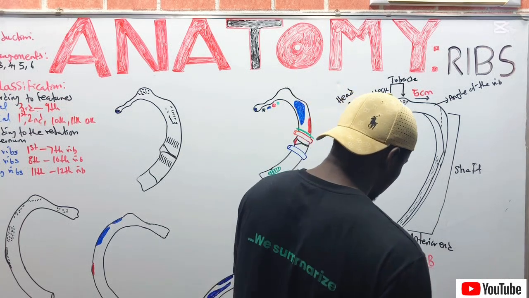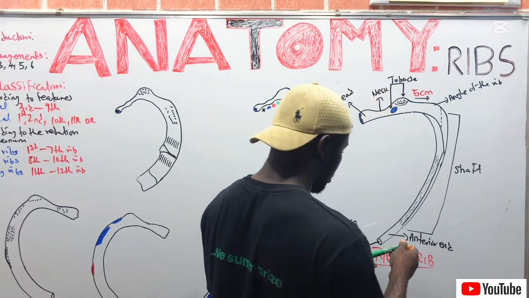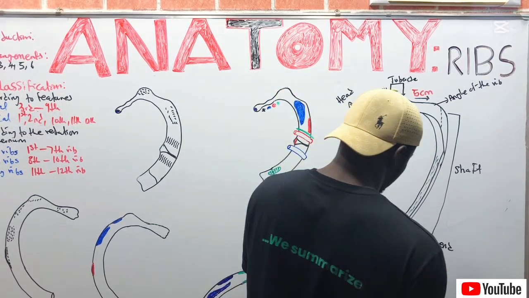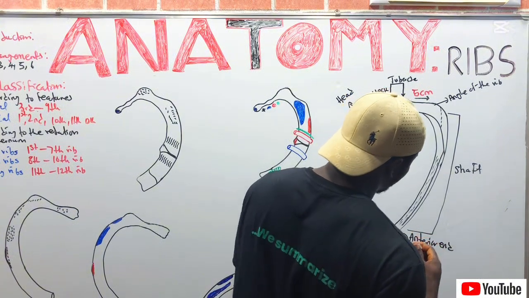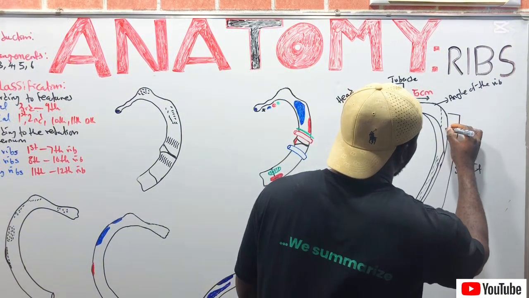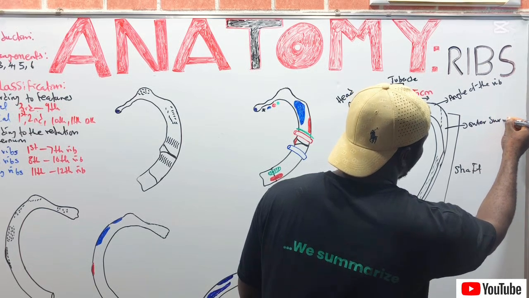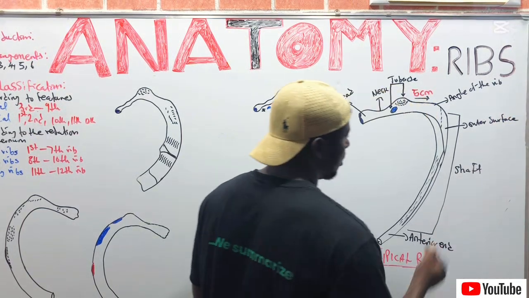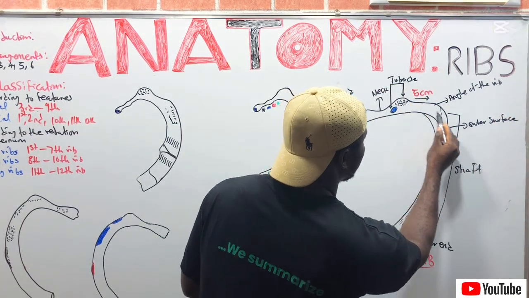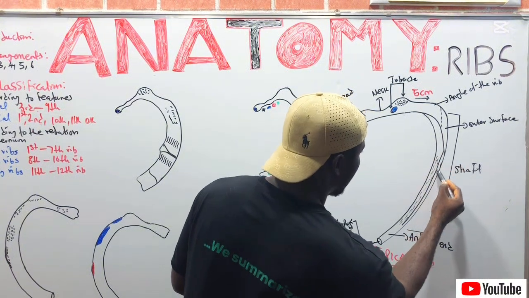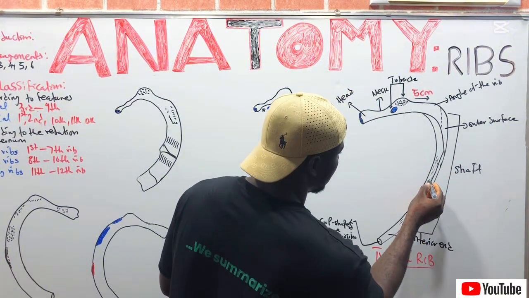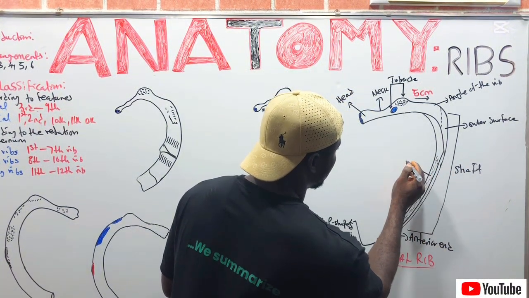So, this is the outer surface of the shaft. Outer surface. From here is the outer surface, right? While here is the inner surface. This is the inner surface.